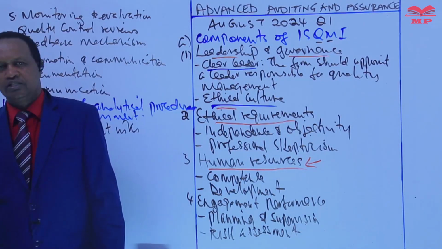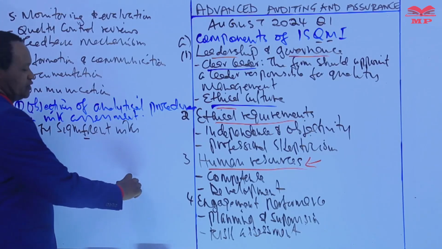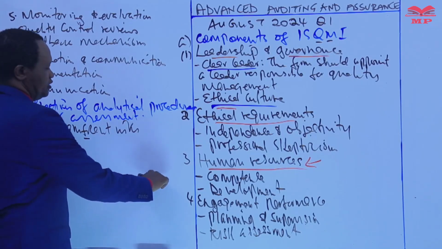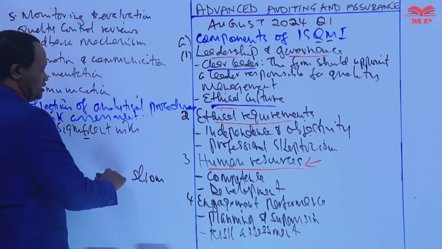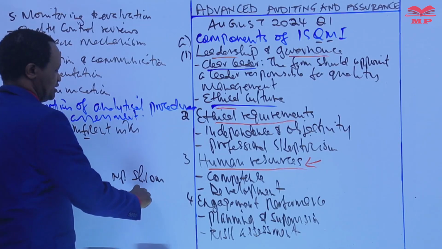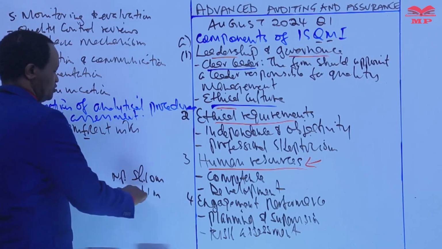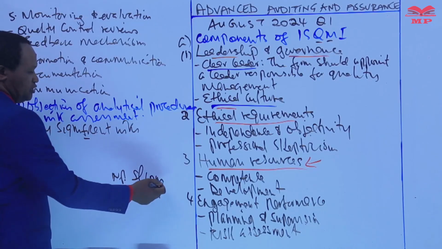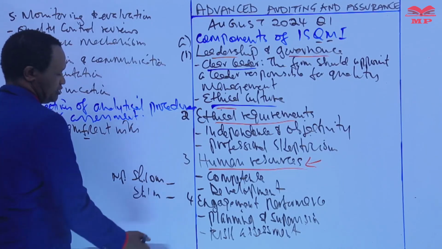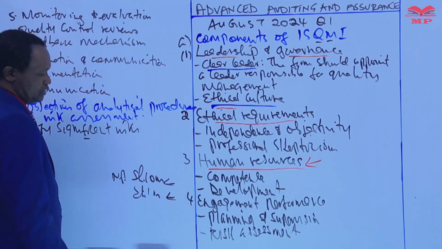If the company is expected to generate 10 million shillings as a net profit, but the company ends up generating, say, 1 million. When this is compared, this is what is expected, but this is what was reported.